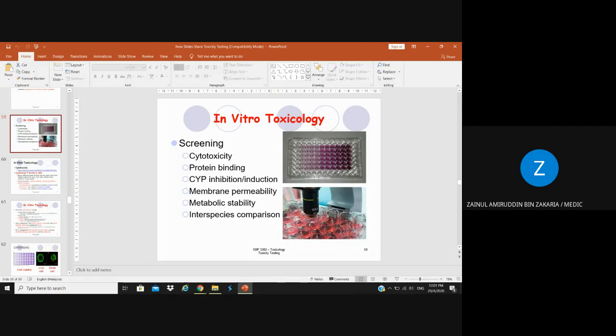Okay, you want to see metabolic stability, whether there are changes in metabolism, okay? And then interspecies comparison, okay? Because you have different types of cell, so you can do that using in vitro toxicology.